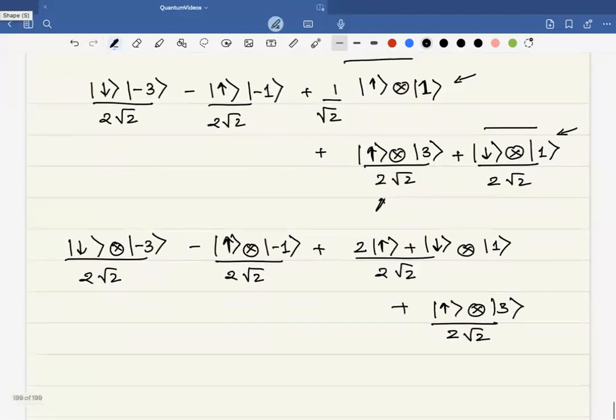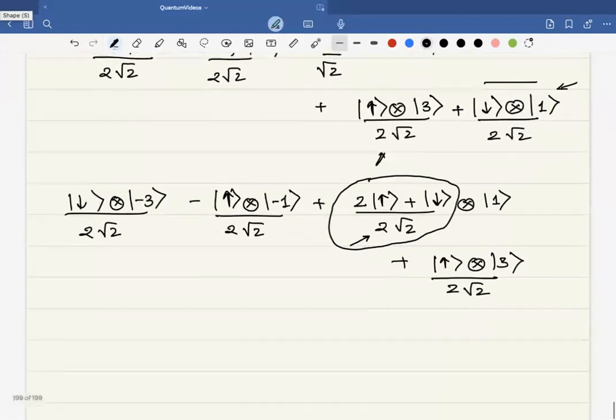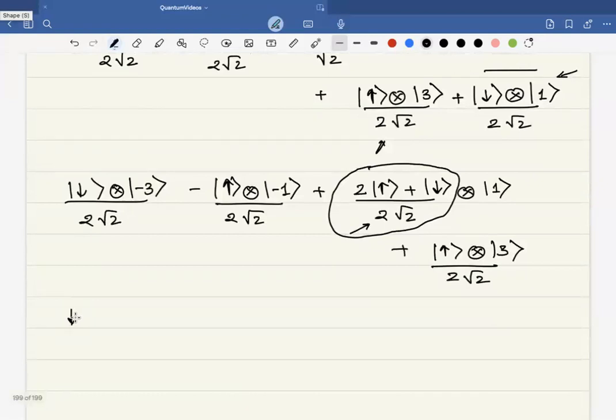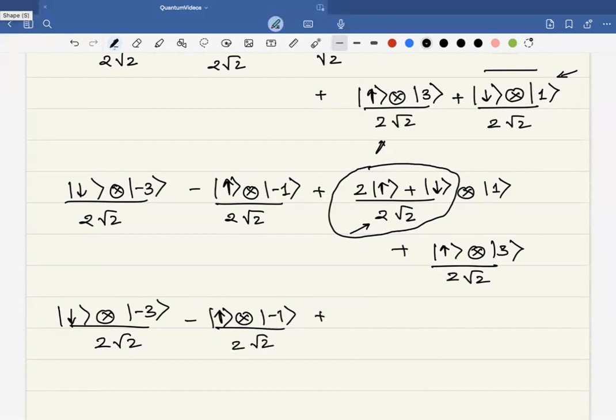All right. Now I have to write the coin space such that it is normalized, right? So this won't do because this is not normalized. So what we'll do is normalize this.